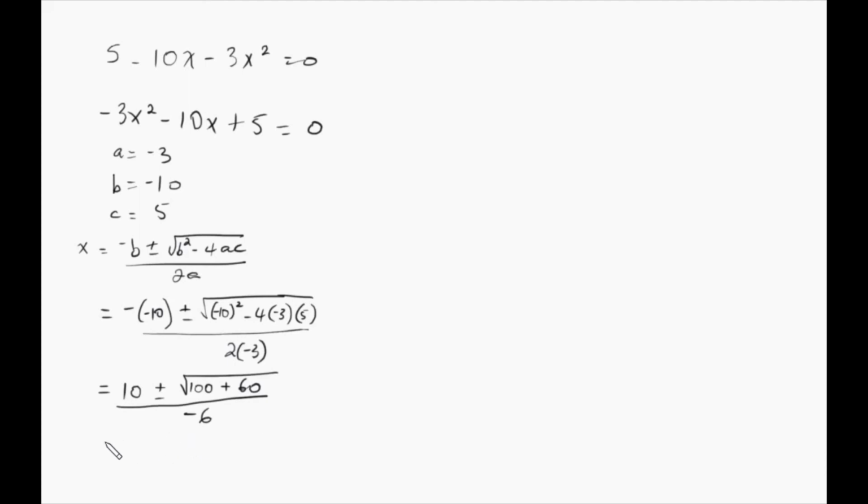When you solve this, you will have 10 plus the square root of 160 all over negative 6, or 10 minus the square root of 160 all over negative 6.